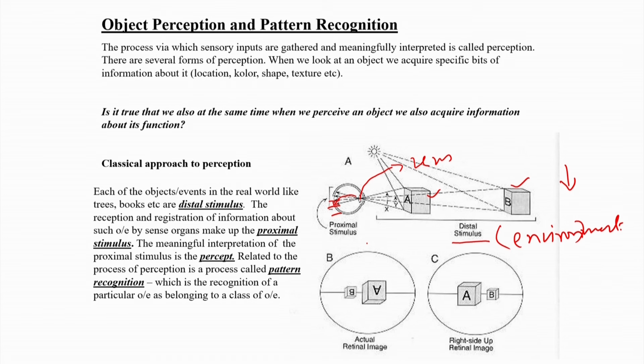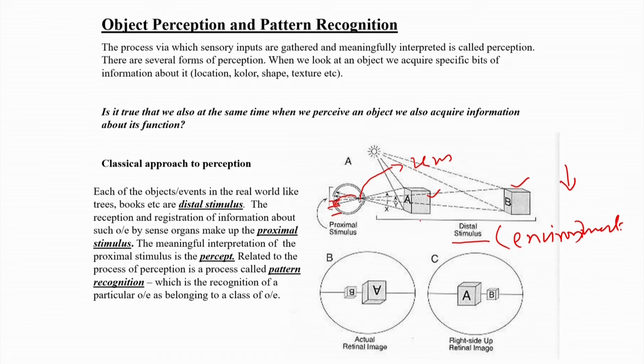These pieces of information taken together are passed on to the brain, an interpretation is made, and this interpretation is then compared with some already stored template, and that is how perception happens.